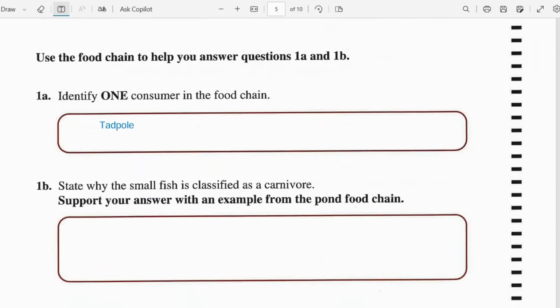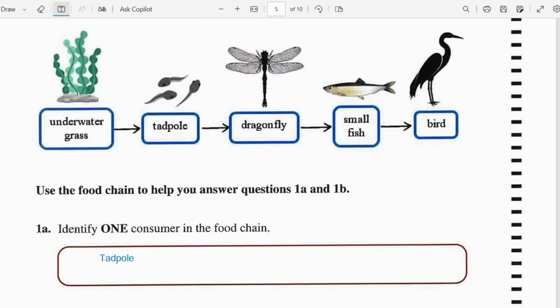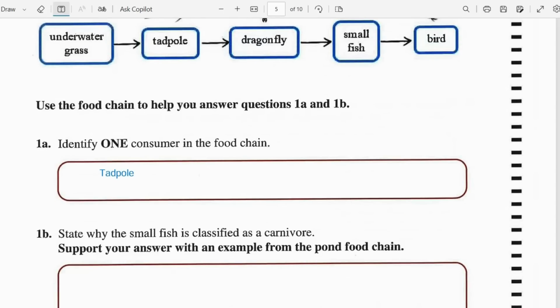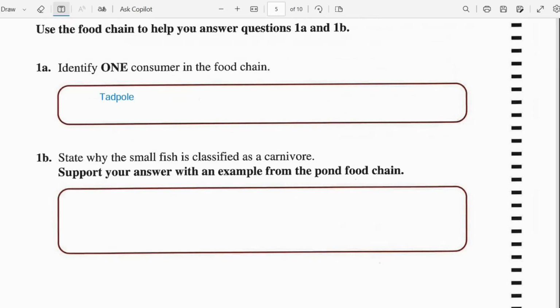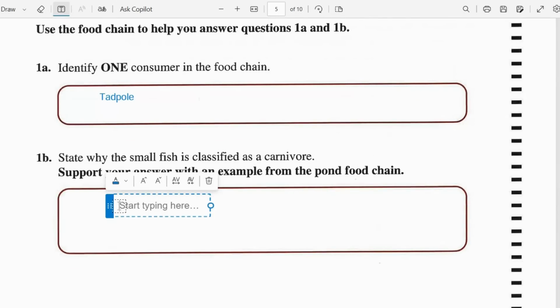Say why the small fish is classified as a carnivore, and support your answer with an example from the pond food chain. So the small fish is considered a carnivore because it eats other animals. And in this case, it eats the dragonfly. So we can say that.